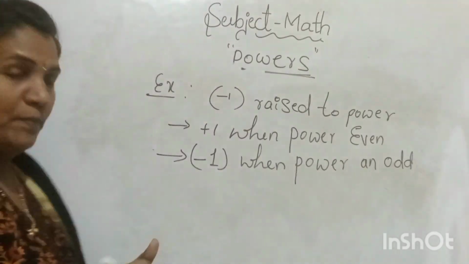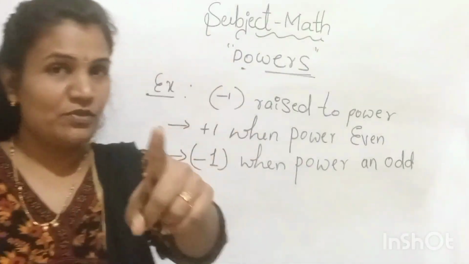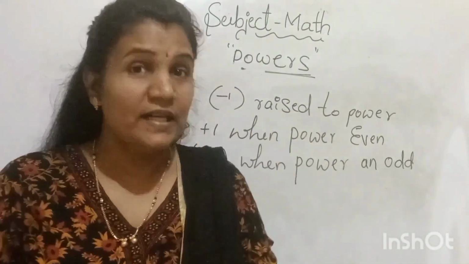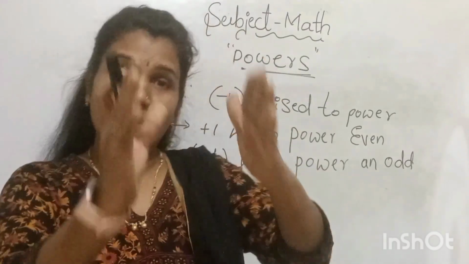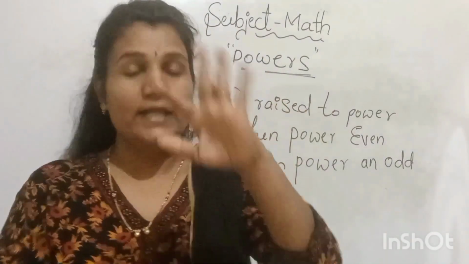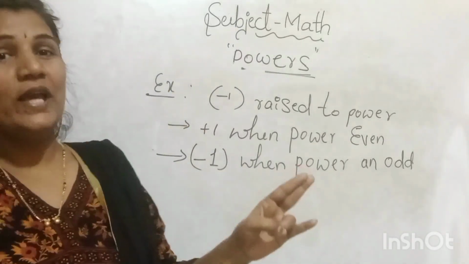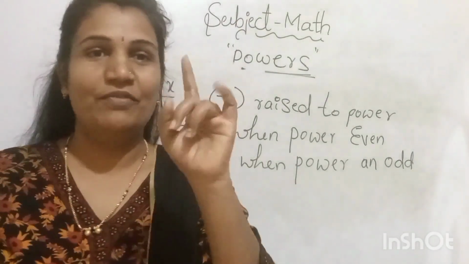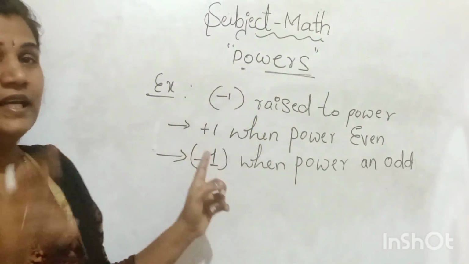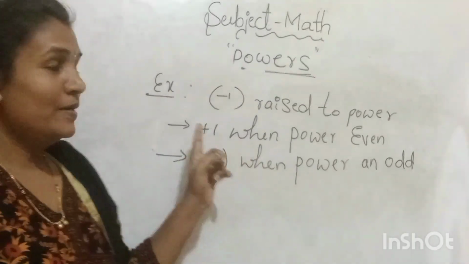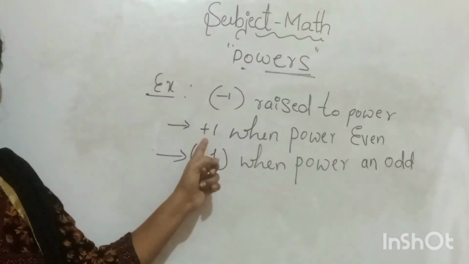Here we learned 3 things. First, a number raised to the power of 1 gives the number itself. Second, 1 raised to any power gives 1 itself, and this holds good in the case of plus 1.